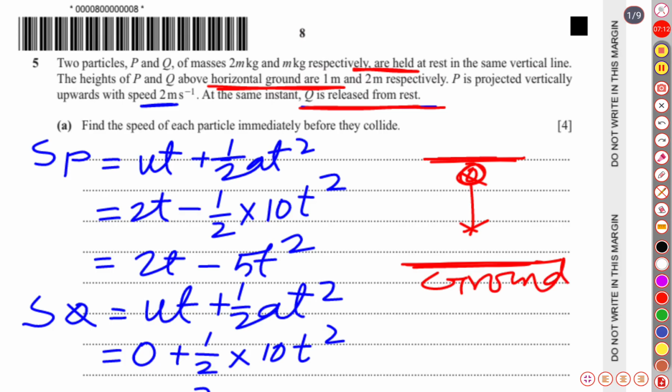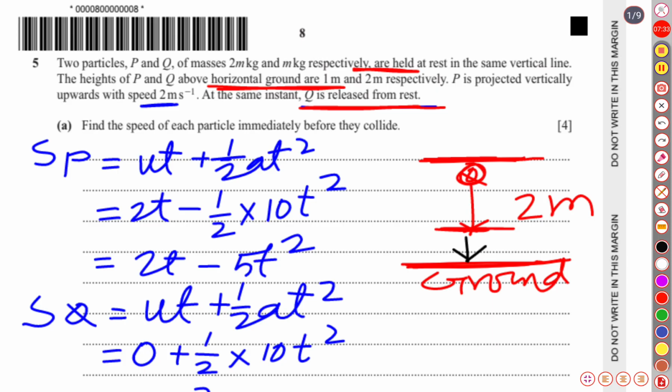Now look at this, as we are considering the height, the height will definitely be less than 2 meters, because the total height is 2 meters from the ground. Now it has traveled up to this, so this height must be less than 2 meters.